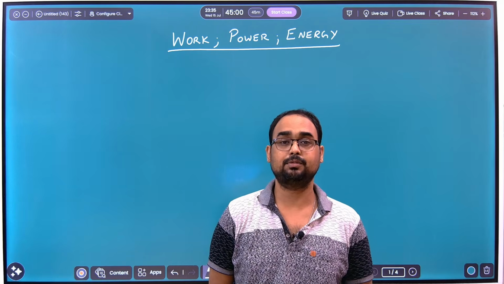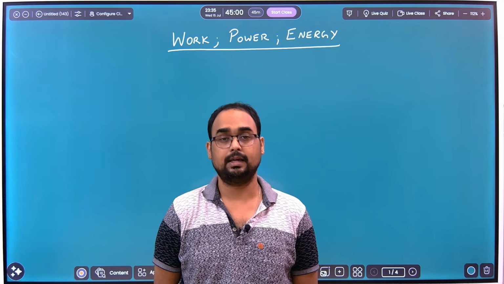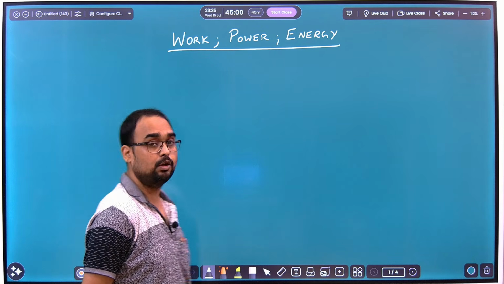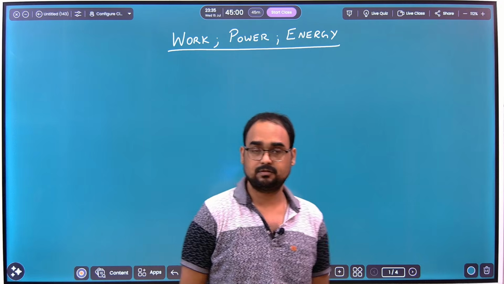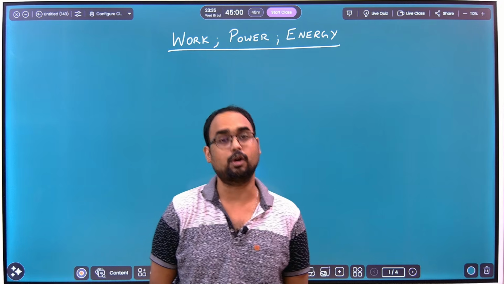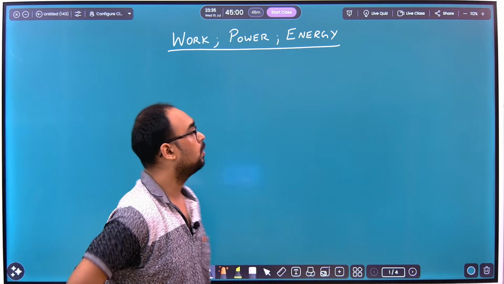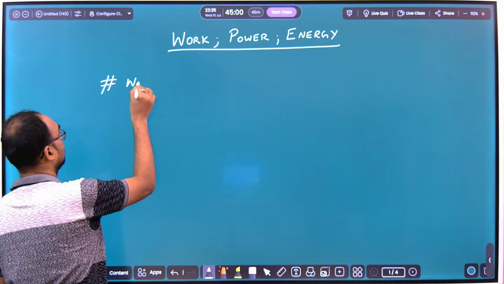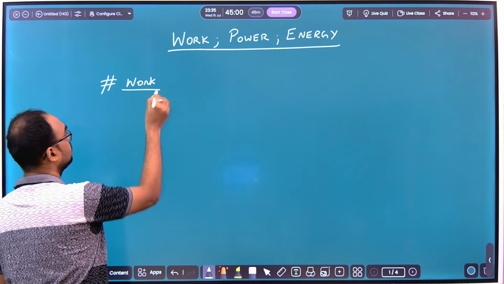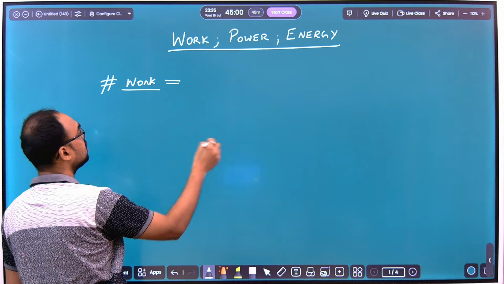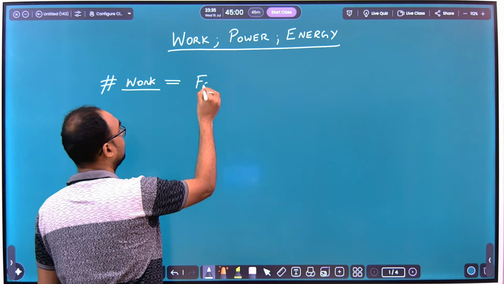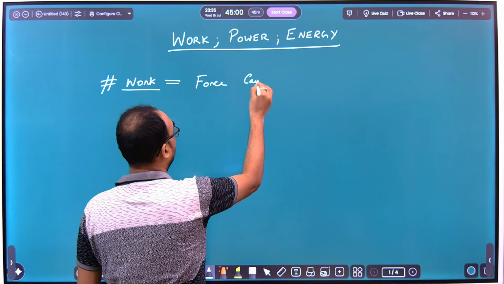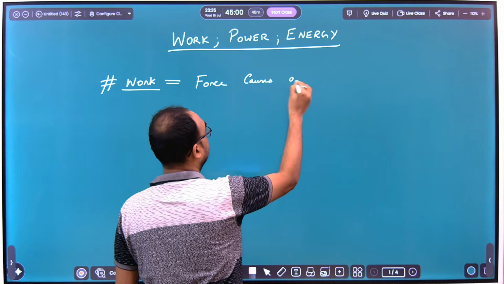It is the second chapter for the exams, and in today's video we will be only focusing on the topic of work. So what is work? The simplest definition is when a force causes a displacement.